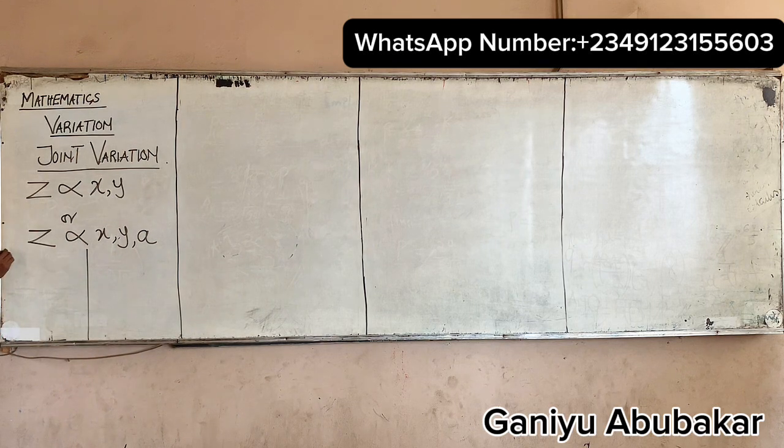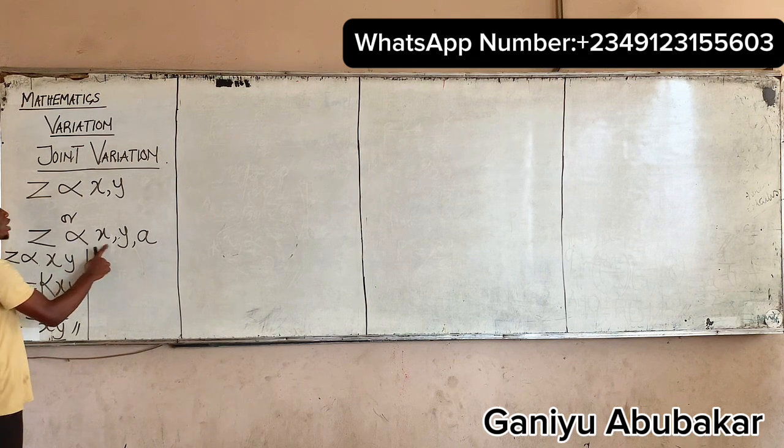Let's say I'm given that z varies jointly as x, y. To take off the proportion sign, I'll have z equal to kxy. That's the concept. I can make k the subject if I want to. From here, k will be equal to z over xy. So that's the concept when you have two quantities.